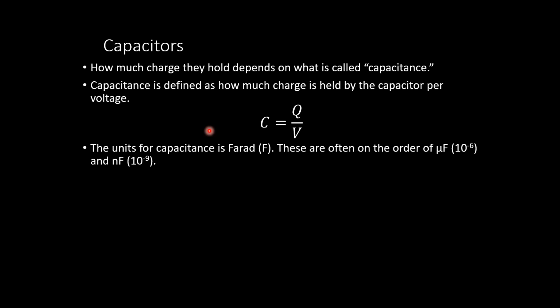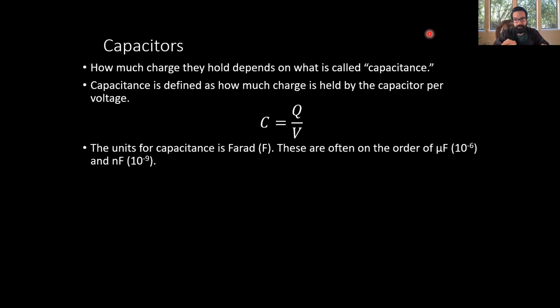As you write this down and look it over, there's one thing about capacitance that I run into a lot as I'm teaching: the confusion about capacitance meaning how much charge it could possibly hold.